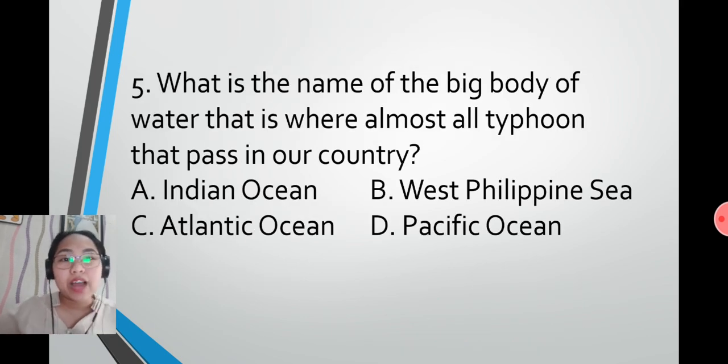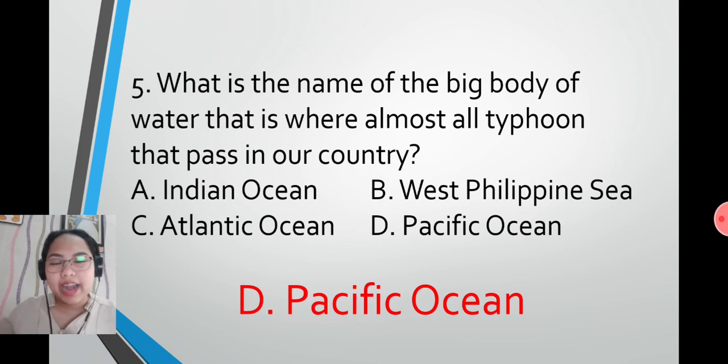And last, number 5. What is the name of the big body of water where almost all typhoons that pass in our country come from? Is it letter A, Indian Ocean, B, West Philippine Sea, C, Atlantic Ocean, or D, Pacific Ocean? So which among the 4? That's great. The correct answer is Pacific Ocean.